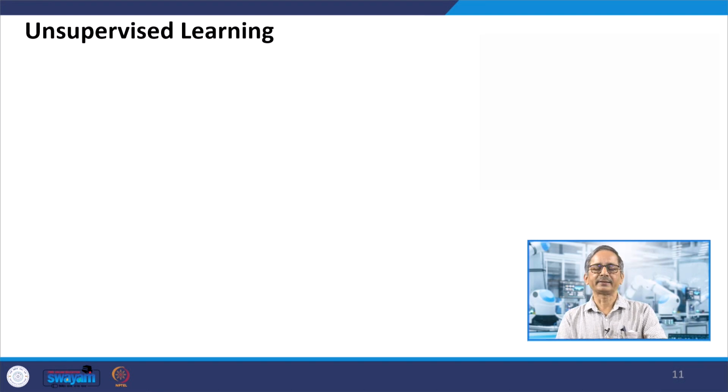Next, let us move on to another very important topic in machine learning, that is unsupervised learning. In supervised learning, we have data in the form of input and output, both were available. But in unsupervised learning, we have only input, we do not have the output.